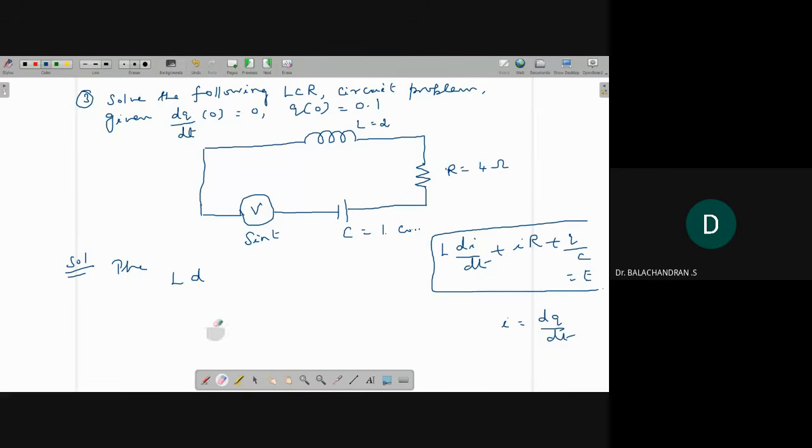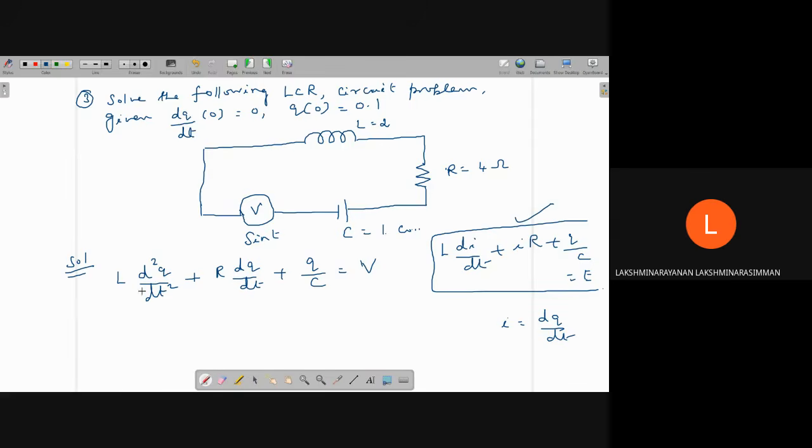So L into d square Q by dt square plus R into dQ by dt plus Q by C equal to E. So it is correct, Lakshminarayan. It is better to write like this. Thank you.